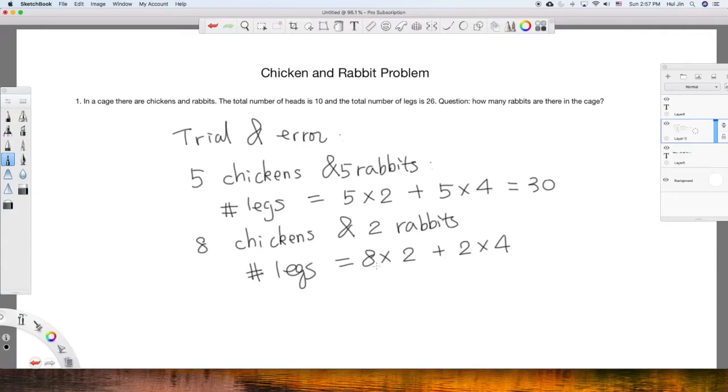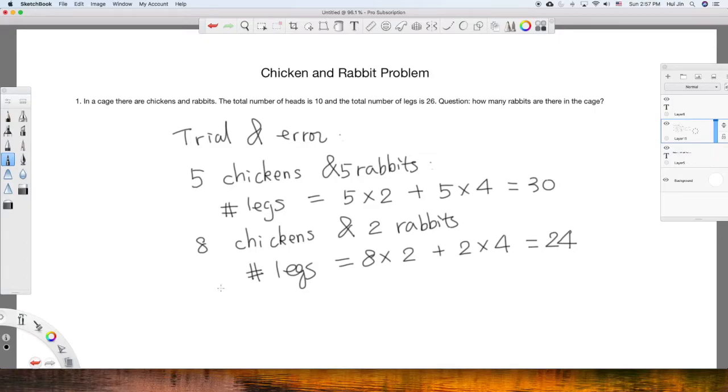Because 8 chickens with 2 legs and 2 rabbits with 4 legs, that equals 24 legs. So that's too few.